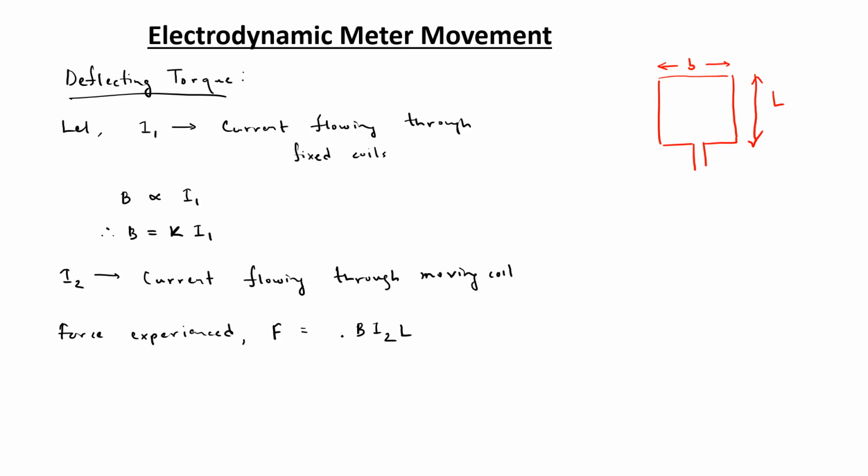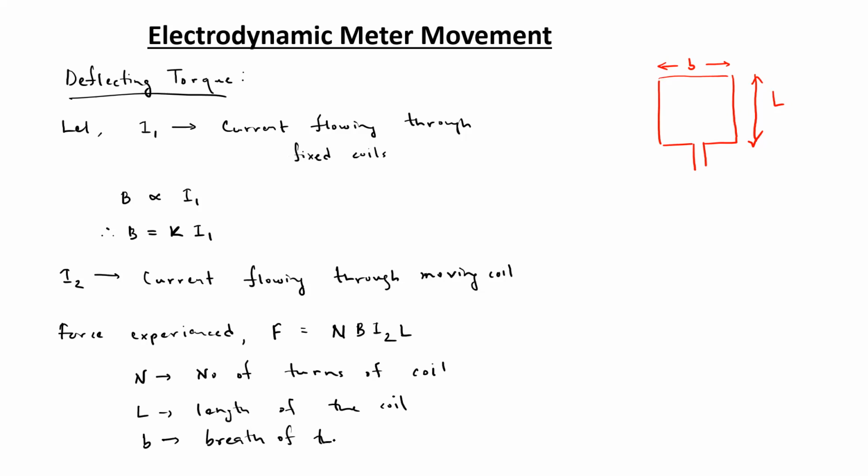Now for N number of turns, the overall force experienced would be N B into I2 into L. So N will represent the number of turns of the coil, and L is the length of the coil. Apart from that, we have also defined B as the breadth of the coil.